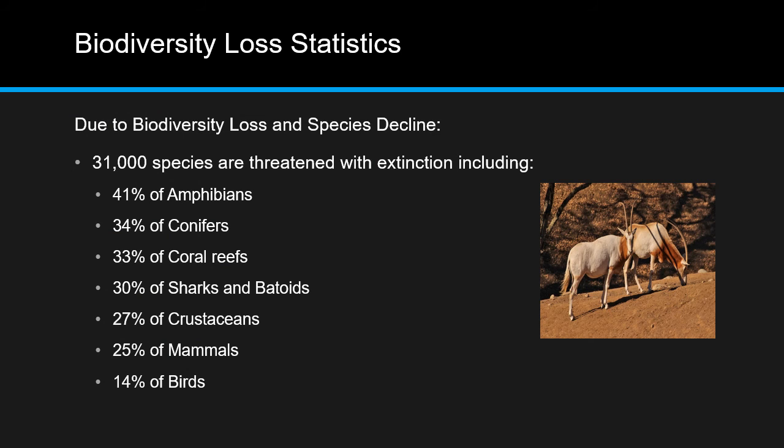And it gets worse. Sadly, due to biodiversity loss and species decline, 31,000 species are threatened with extinction, including 41% of amphibians, 4 out of 10. Can you imagine that? 34% of conifers, 33% of coral reefs, 30% of sharks and batoids, 27% of crustaceans, 25%, a quarter of mammals, as well as 14% of birds.